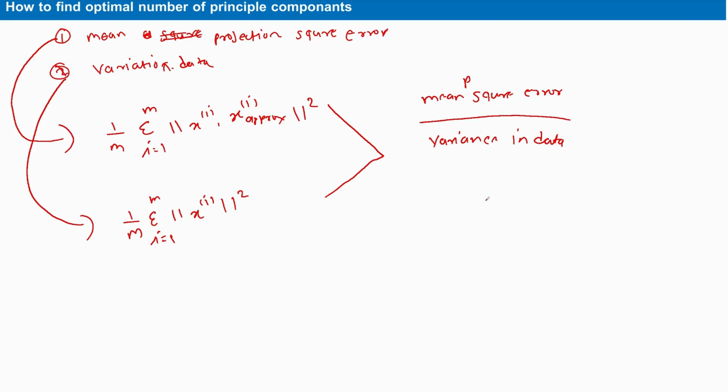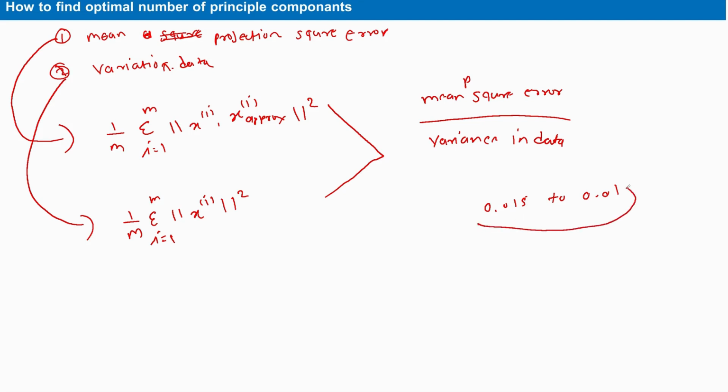If this value is in the range of 0.01 to 0.015, then we can say the k directional vectors we selected give better output, or the minimum projection error.